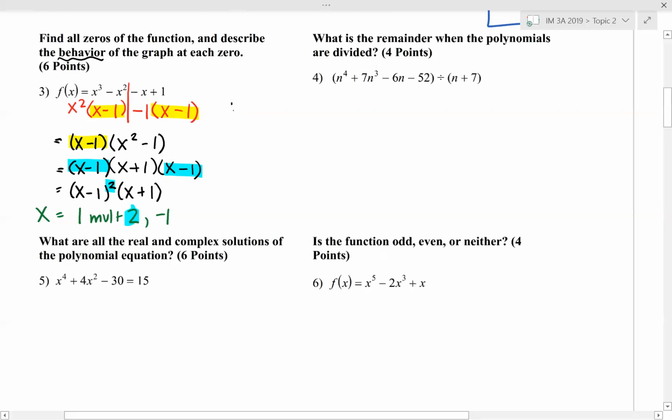So f of x crosses the x-axis at negative 1 and touches the x-axis at 1.